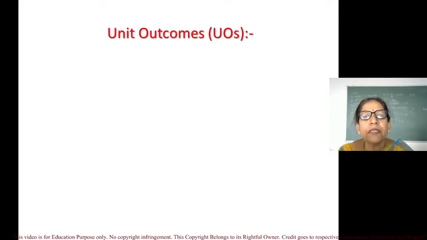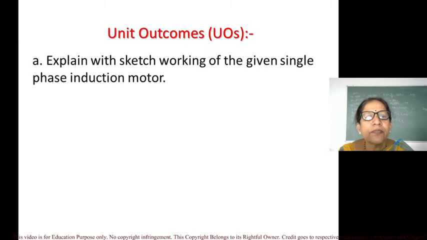So when we complete this lecture, what unit outcomes will you be completing? We will discuss that first. After completing this lecture, we will be able to explain with sketch the working of a given single phase induction motor.